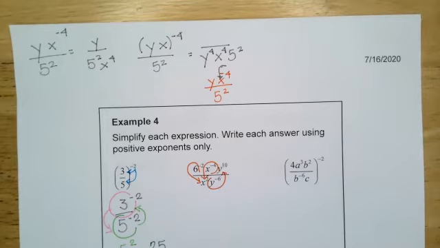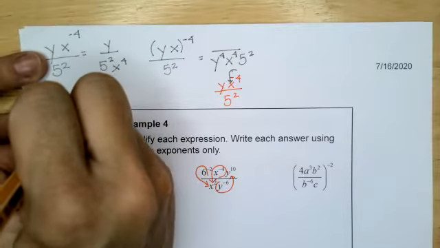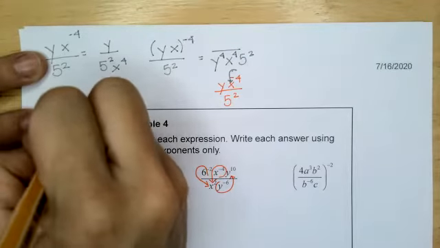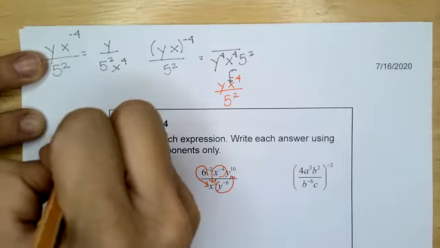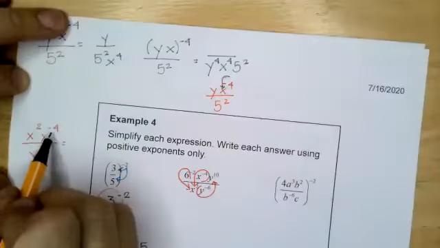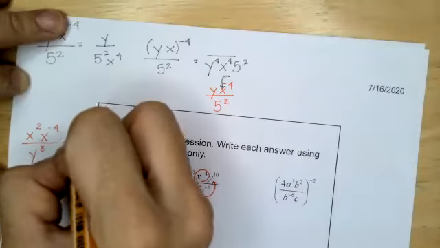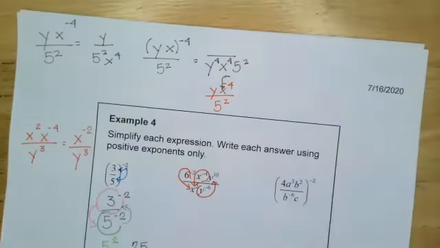This is a great question. So if you had x squared times x to the -4th over y to the 3rd, you can combine those right now. Remember, when you're multiplying exponents, you're just adding. So that becomes x to the -2 over y to the 3rd, right?